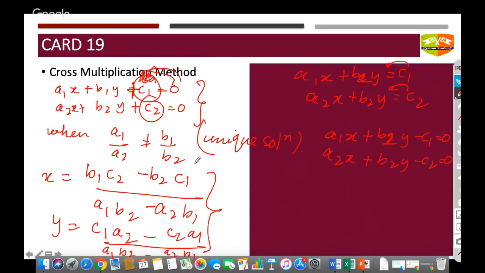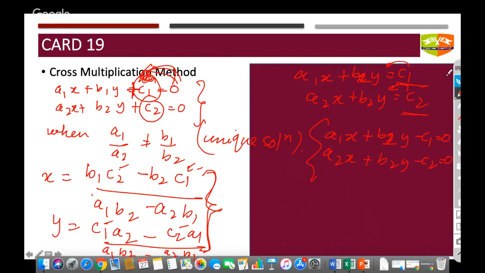So this c1 will become negative, this c2 will become negative here, and here c1 will become negative and c2 will become negative. When c1 and c2 have been taken on this side of the equal to sign, then this particular formula has to be taken as I have written on the whiteboard. But if this c1 and c2 is on the other side of the equal to sign, then it has to be interchanged with a minus c1 and minus c2 in each case.